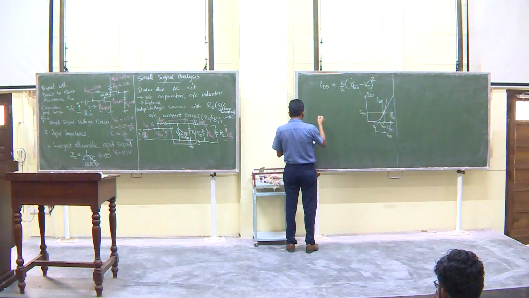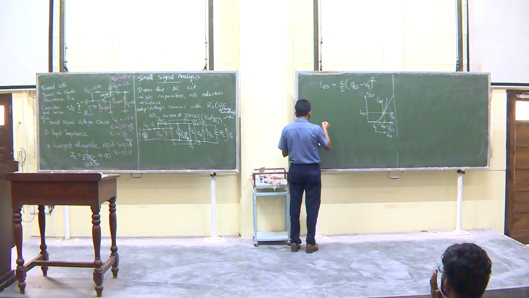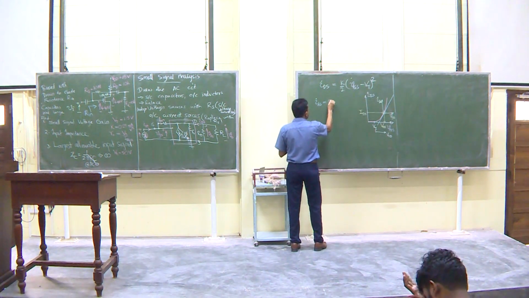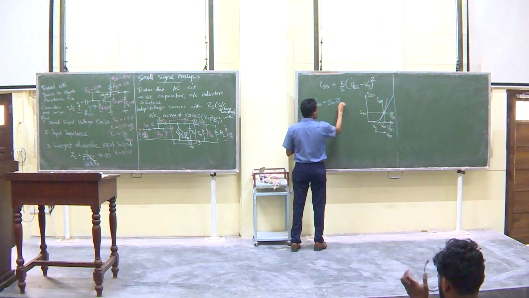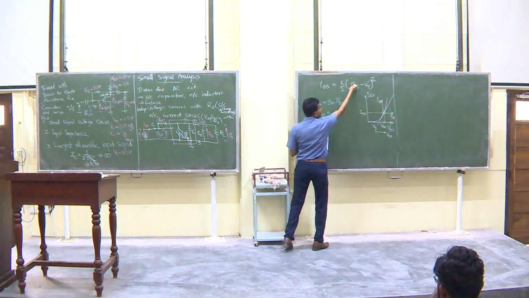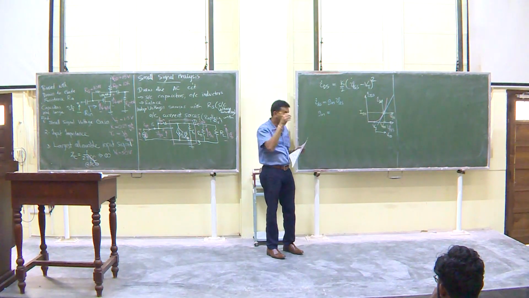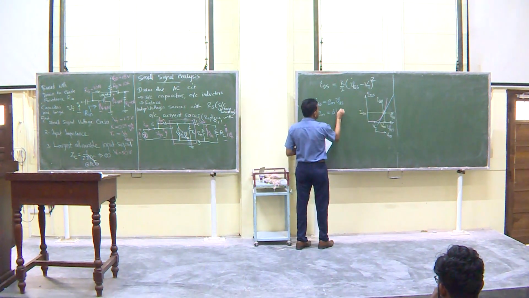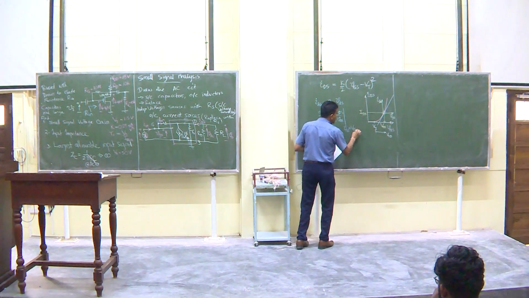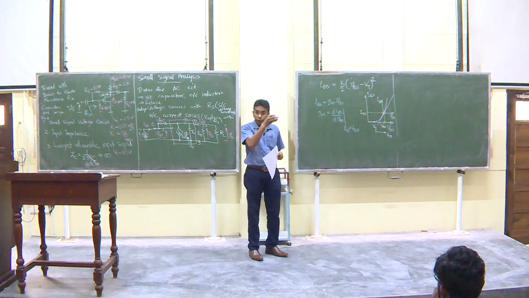So i_ds is equal to gm times v_gs, where gm is basically the differential of i_DS over dv_GS at V_GS equal to the V_GS at that point.